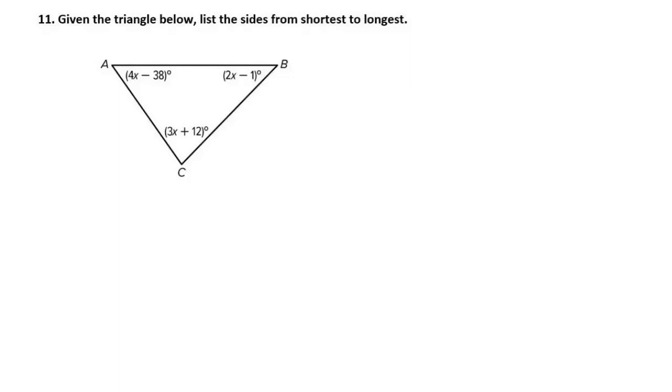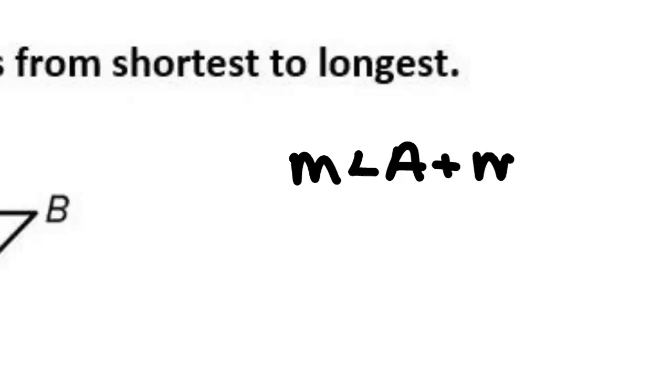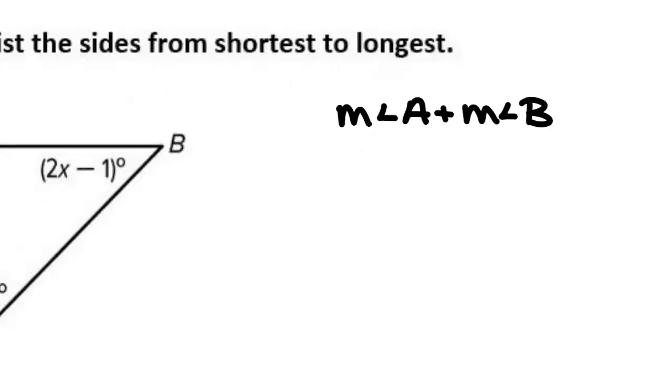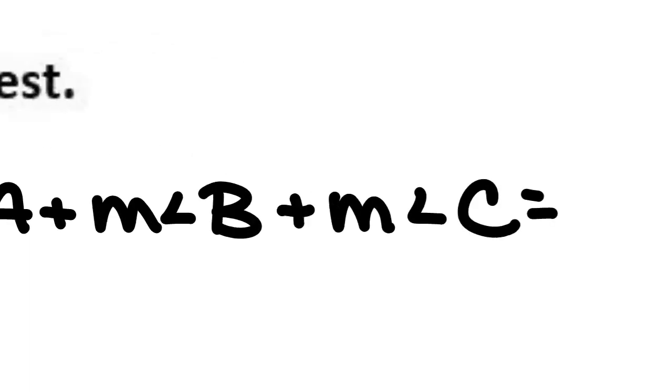What do we know about the three angles of a triangle? They add up to 180. So the measurement of angle A plus angle B plus angle C is going to come out to exactly 180.